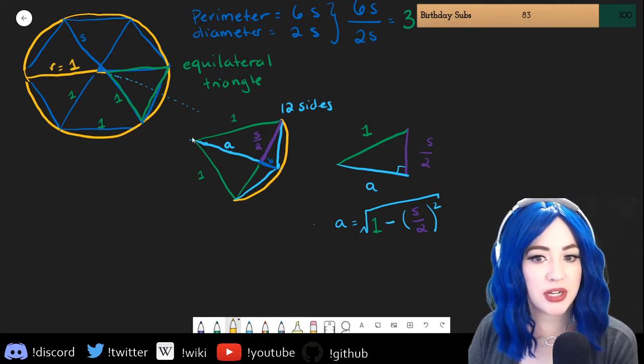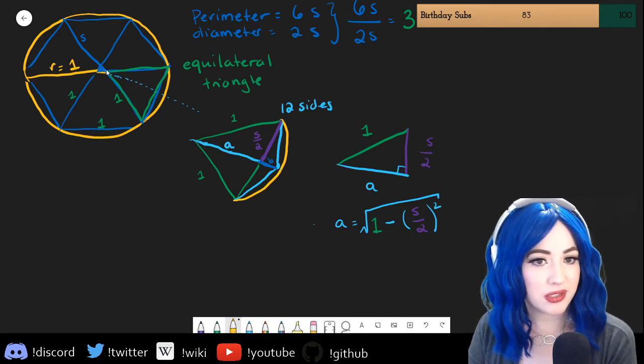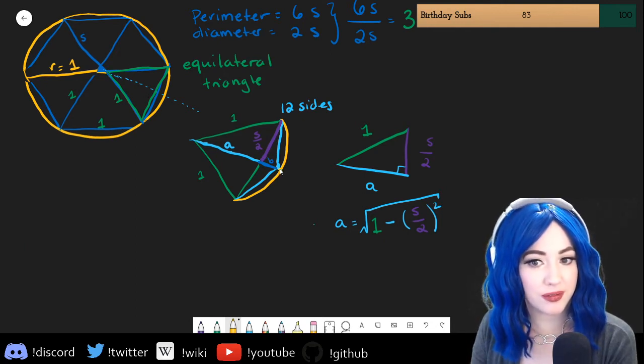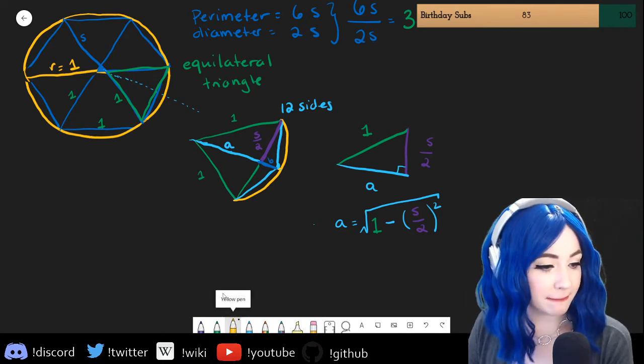Okay? So we know A plus B, which is this right here leading all the way out to the circle, is 1. That's how we've defined it.